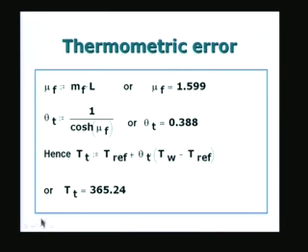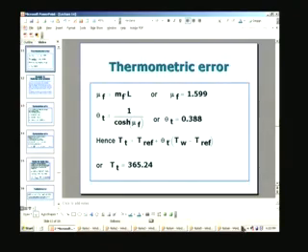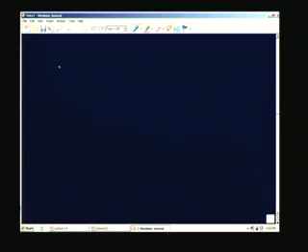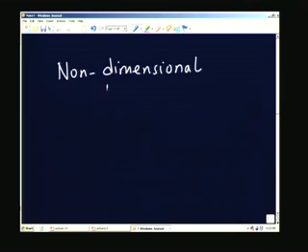So, let me just go back to the board and discuss the temperature. So, we have a non-dimensional temperature function defined.